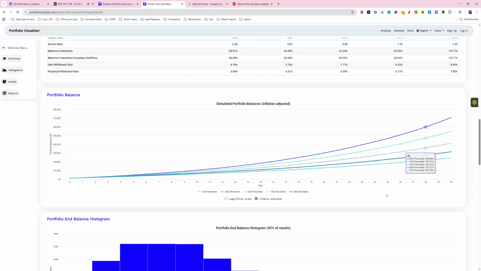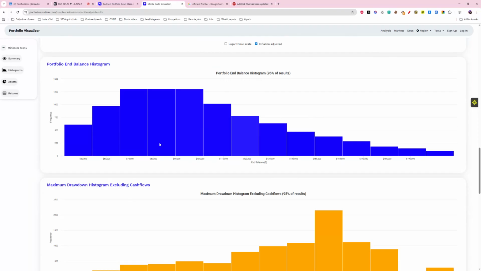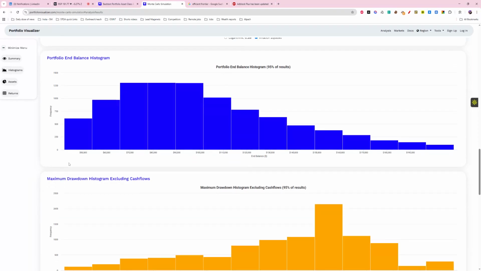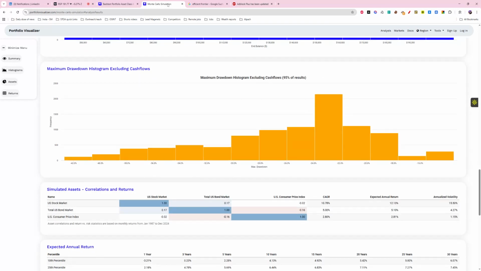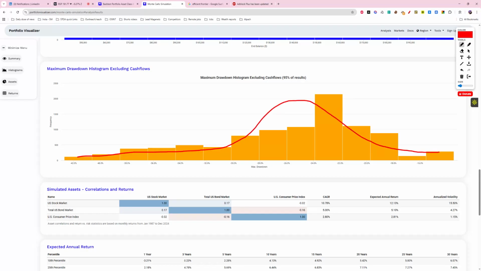That being said, we also want to check out the balance, how it tends to be in the base case scenario, etc. And we also want to check the max drawdown, how it tends to be, right? So most of the time we do a bell curve to figure out how the distribution is and check out the tails over here.